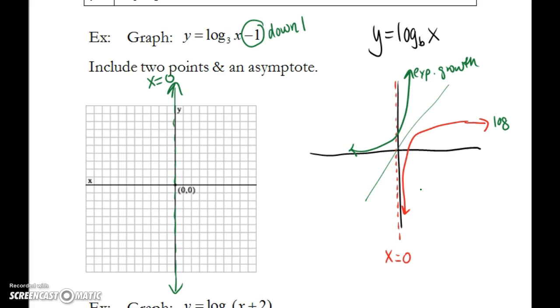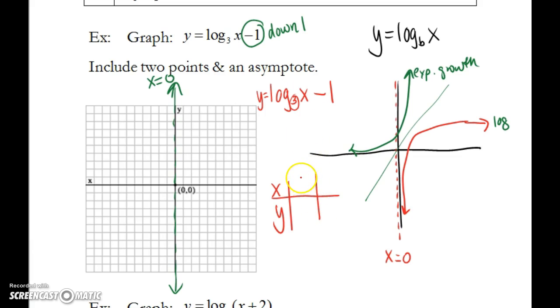Now we want to pick some points. So let's make an xy table here. And let's think about what values might be appropriate to substitute for x in the equation y equals log base 3 of x minus 1. Now notice our base is 3. So let's pick x values so that we can evaluate at base 3.